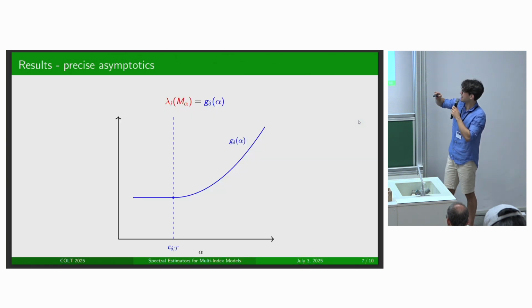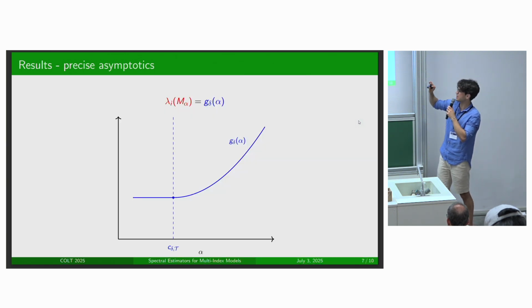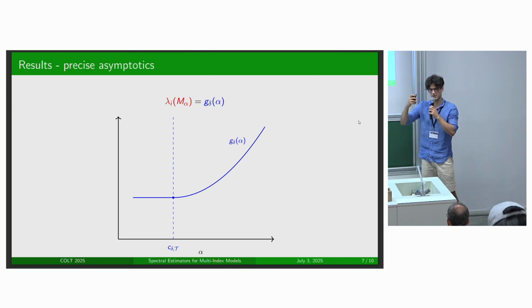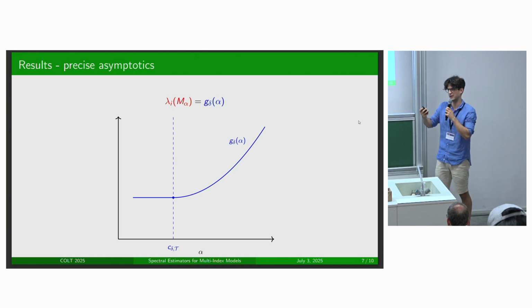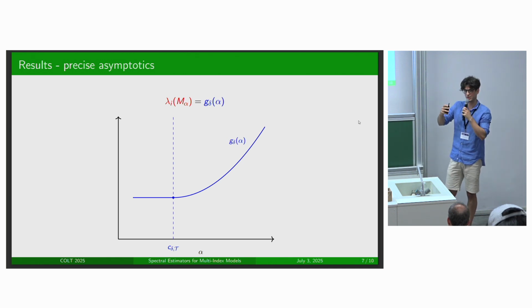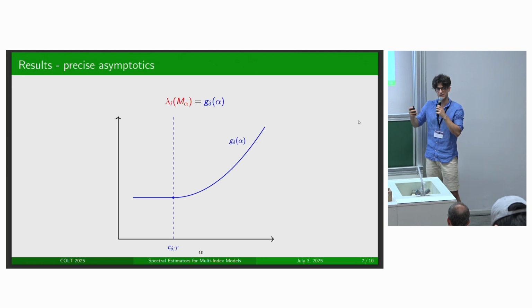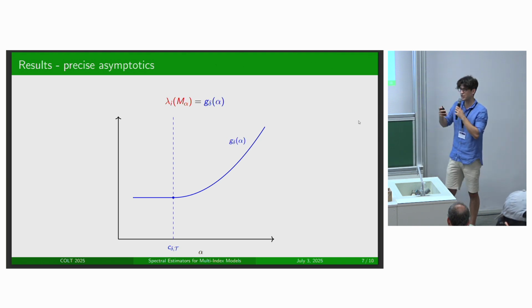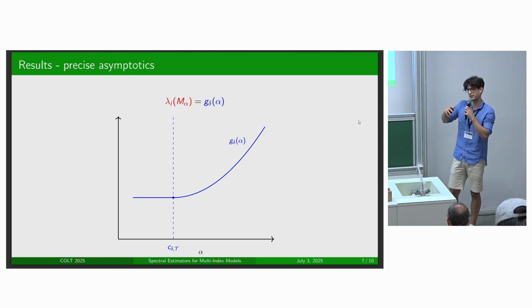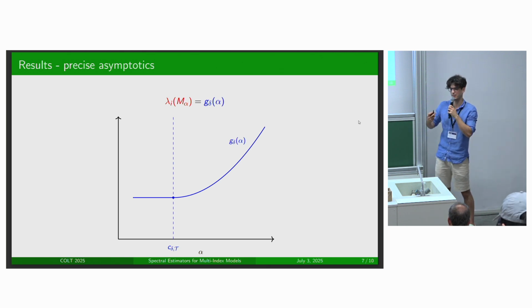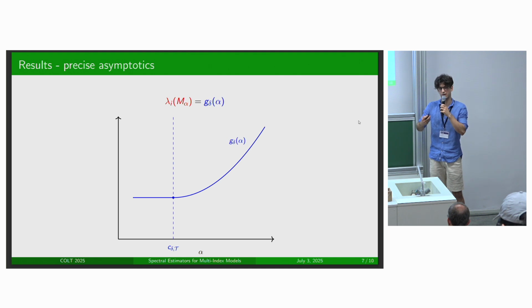As I said, it's not important what these functions are, but how they behave. The function g is at first flat, and then it's monotonically increasing and convex. The threshold happens where it goes from flat to convexly increasing. On the other hand, the eigenvalues of our matrix are convexly decreasing.